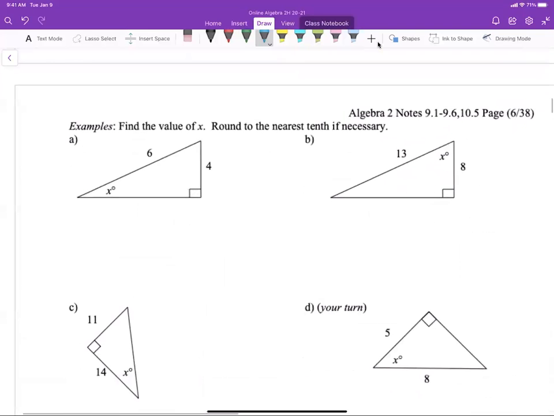So let's find how to use inverse sine, cosine, and tangent functions to solve for the questions at hand. Notice now I am asked to find x, and x is the actual angle. And so what do I know about the angle?